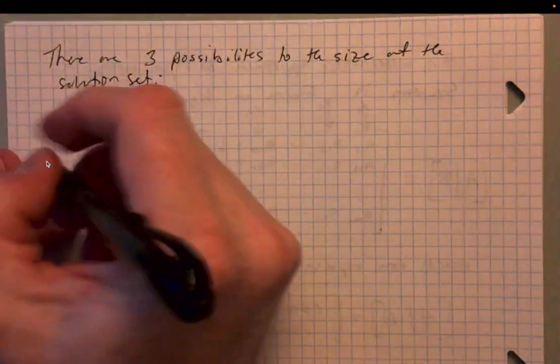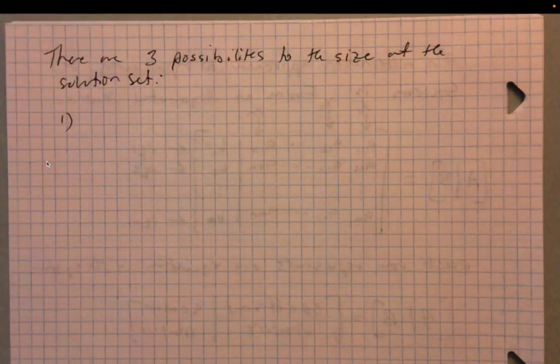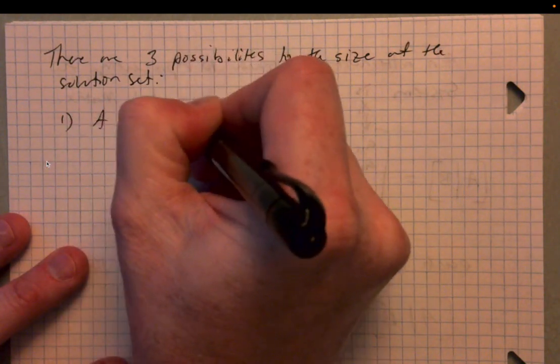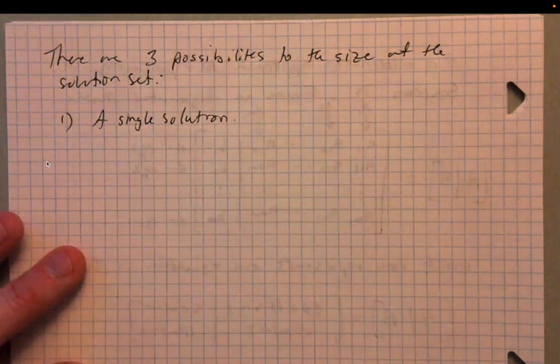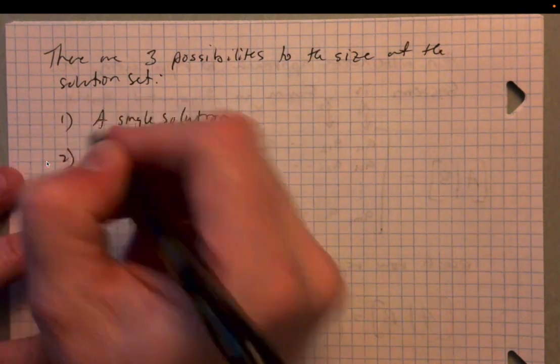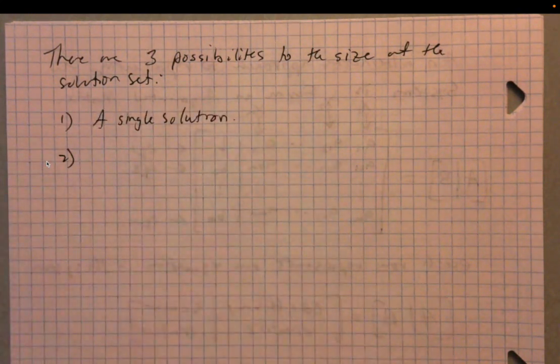Okay. So the first option is there can be a single solution. A single solution means that there's literally one ordered triple or ordered n-tuple that satisfies all of the equations. Just one.